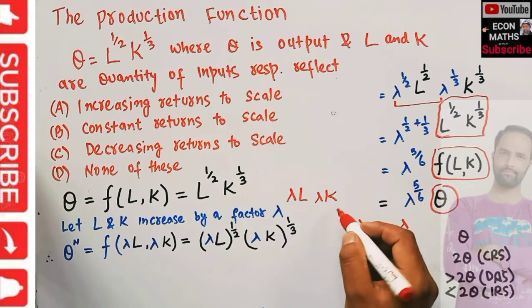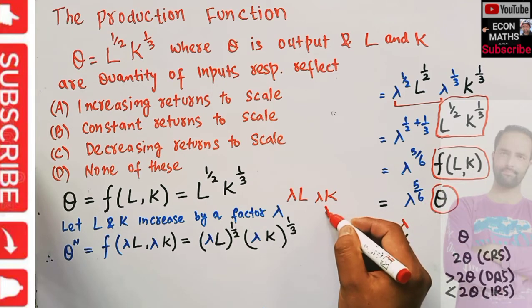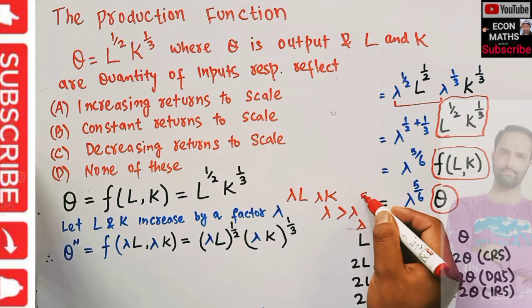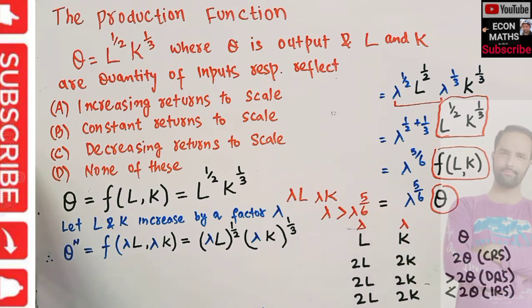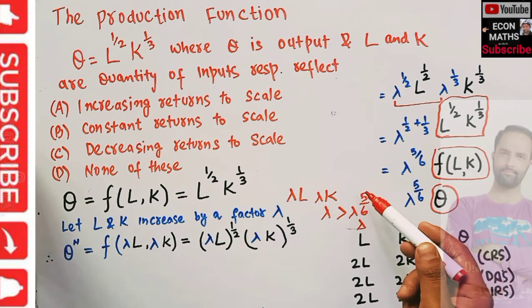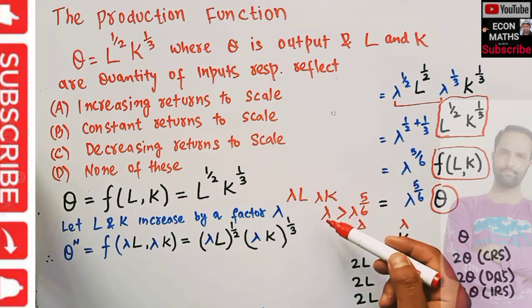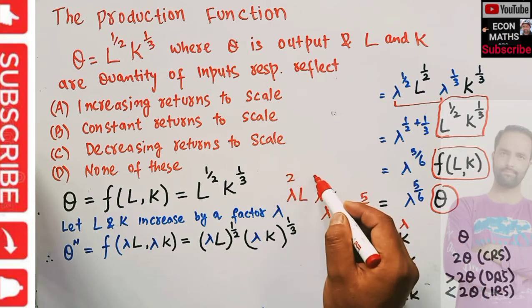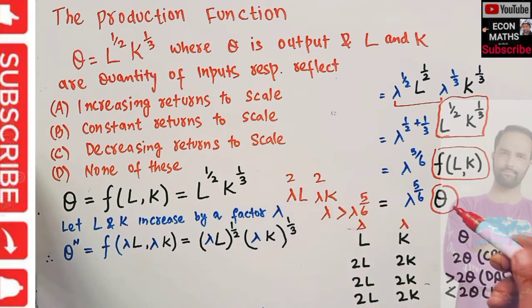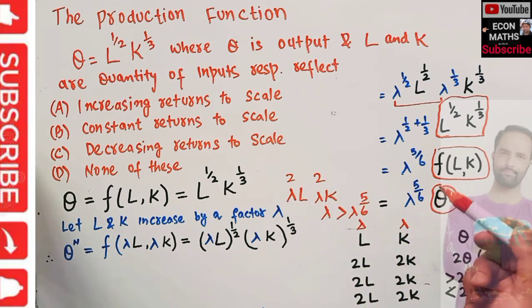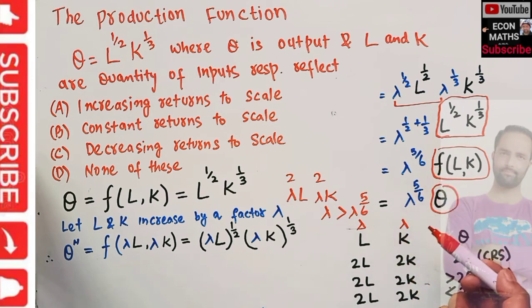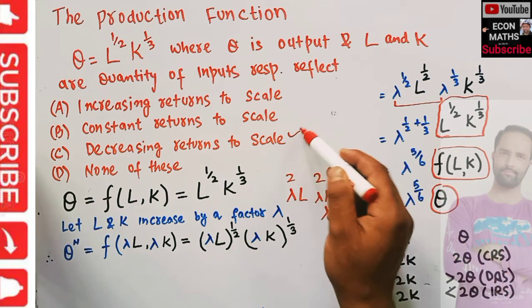Here you can see lambda is greater than lambda raised to the power 5 upon 6. So lambda raised to the power 5 upon 6 is less than lambda. That means if labor got doubled and capital also got doubled, our output got less than doubled. So we can say the given production function exhibits decreasing returns to scale.